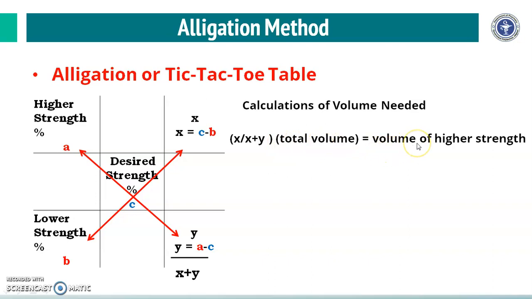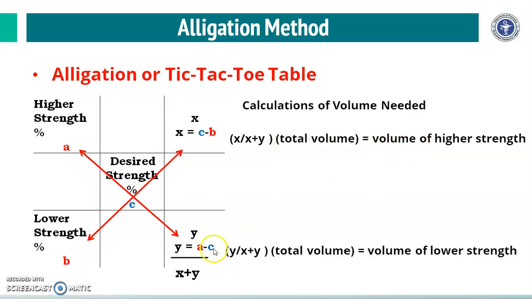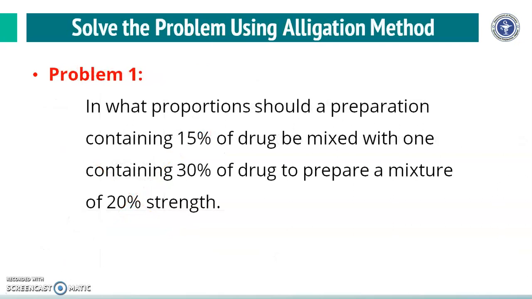This will give the volume of higher strength, and y divided by x plus y into total volume will give you the volume of lower strength. So this tells you the exact volume of both the strengths to be mixed together to give the desired strength. Now let us go ahead. Problem 1.